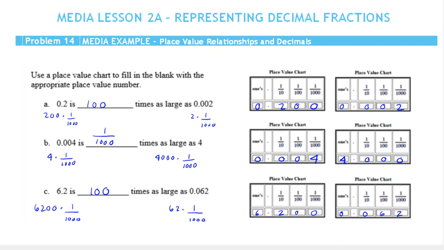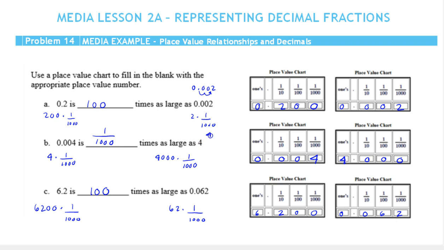Okay, so just to do a final comparison and to recognize some patterns you might see. Looking at this second number, I'd have to move it 2 decimal places to get to 0.2. 2 decimal places to get this number. So it's 100 times as large, a 1 with 2 zeros.